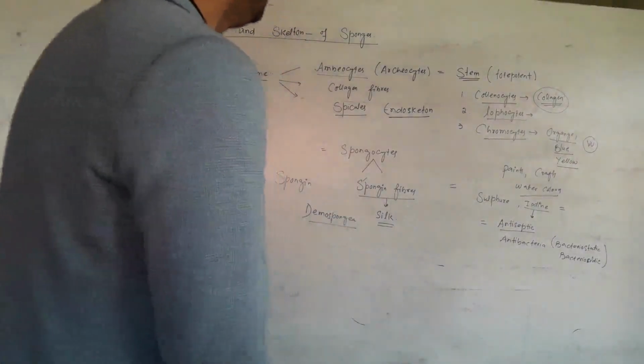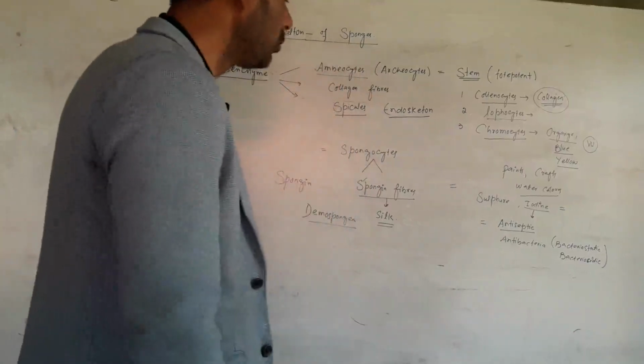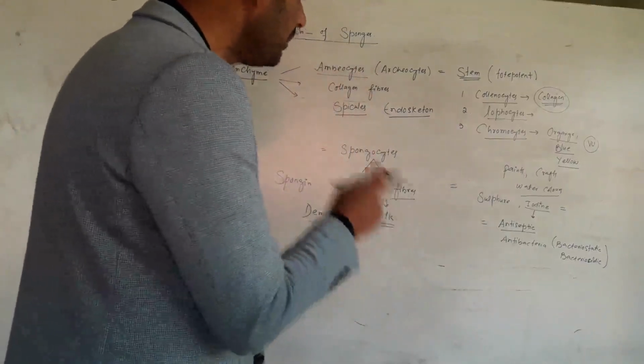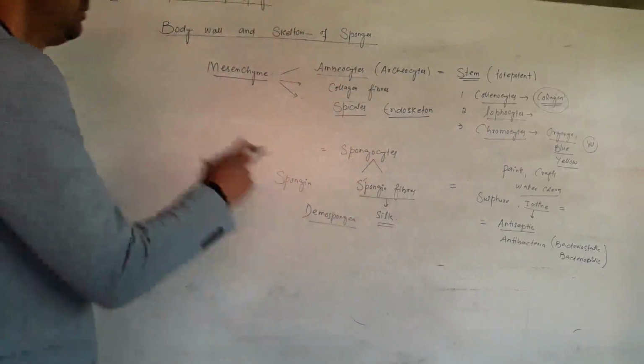These are the different types of amoebocytes present in the mesenchyme of sponges.